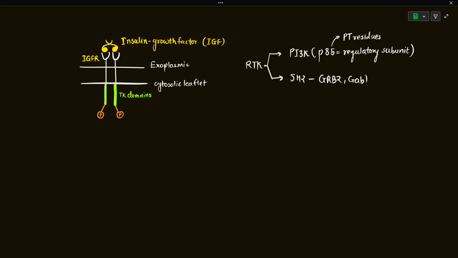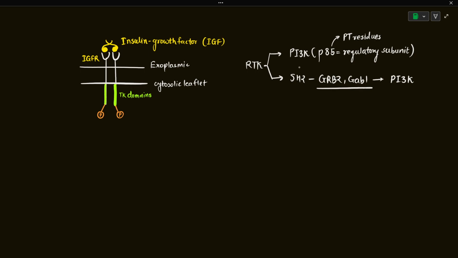Over those adapter proteins, the PI3 kinase attaches itself and gets activated and does its downstream job. So there are two ways to activate the PI3 kinase: either PI3 kinase itself directly attaches to the phosphotyrosine residue, or it gets attached with the help of adapter proteins such as GRB2 or GAB1. These are two different ways of PI3 kinase activation by the RTKs.